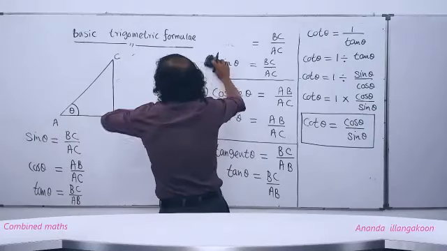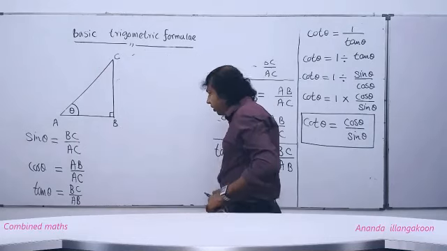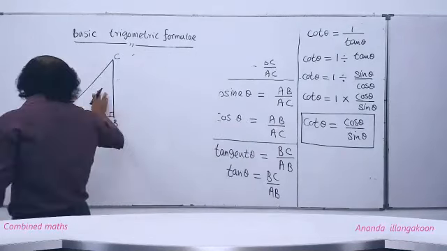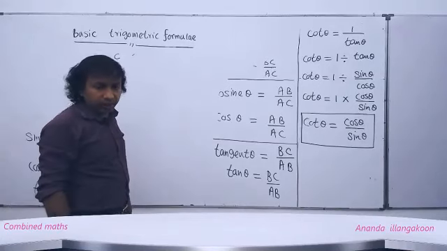First, write people basic trigonometric formulae, and it's better to draw this diagram again, the same diagram. Draw this diagram and write down like this: sine theta, cos theta, and tan theta. This way. Now I am going to apply the Pythagorean theorem to the triangle ABC.